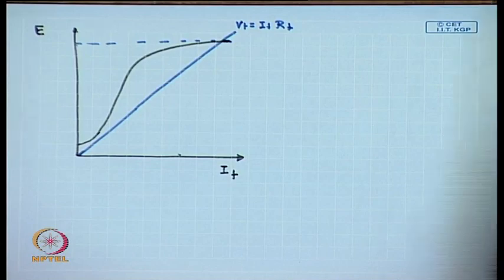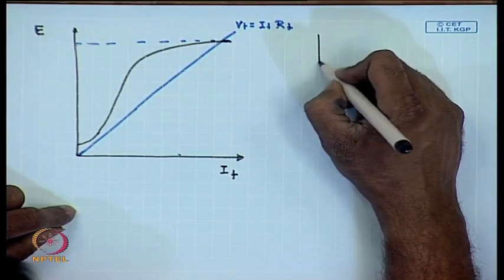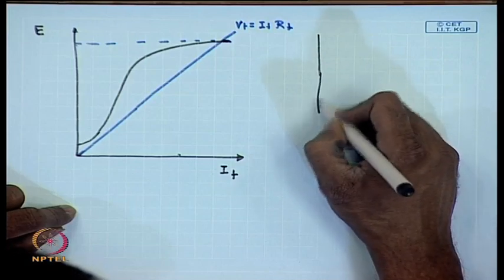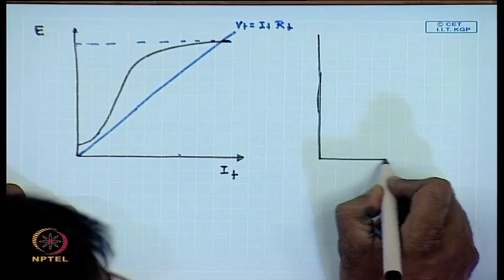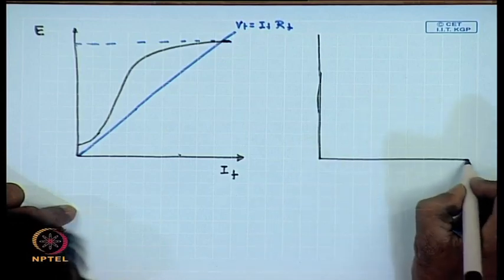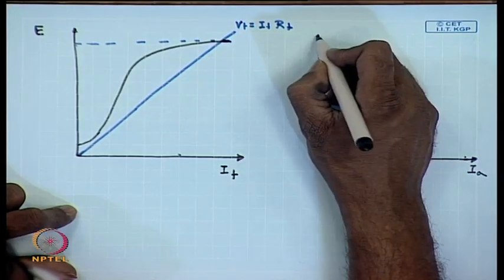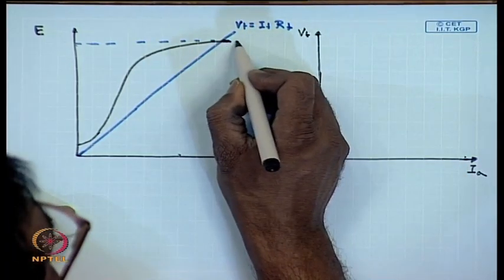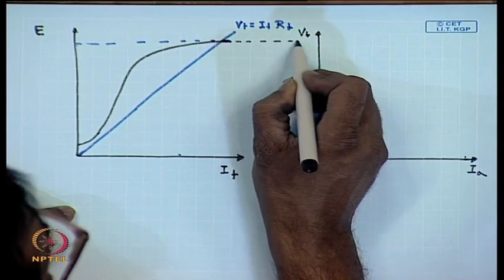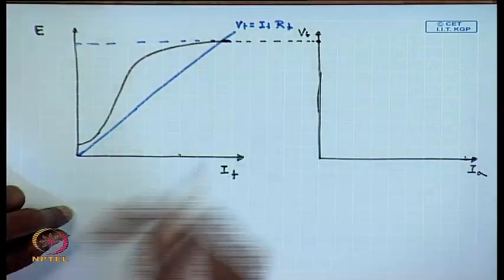So, if we plot the external characteristics, Vt versus Ia, then this point corresponds to the armature current of almost 0, very small.